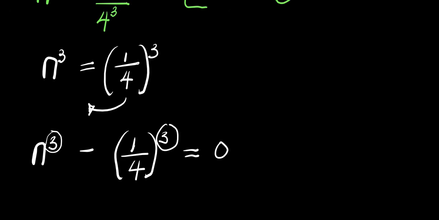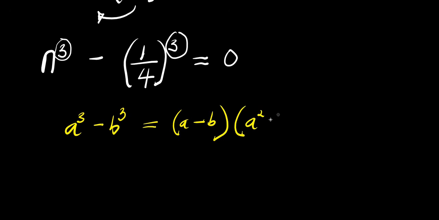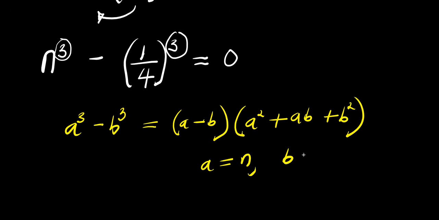Now what I'm going to do will be to expand using the identity of a power 3 minus b power 3 equals a minus b times a squared plus ab plus b power 2. In this case, my a is n and b is 1 over 4.